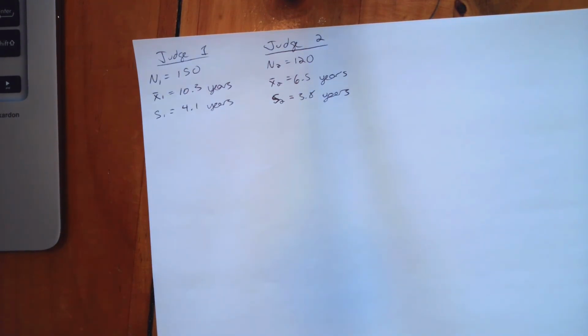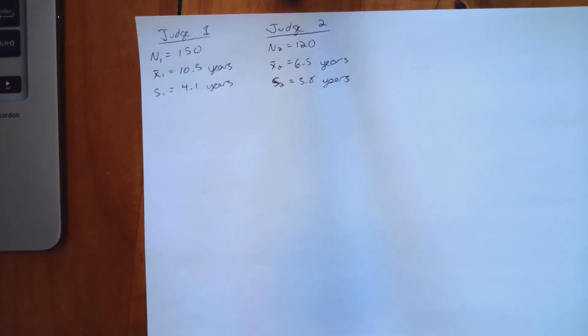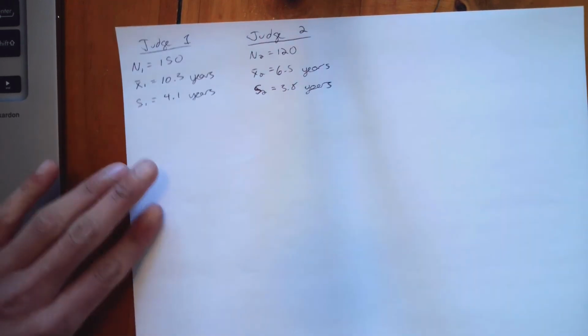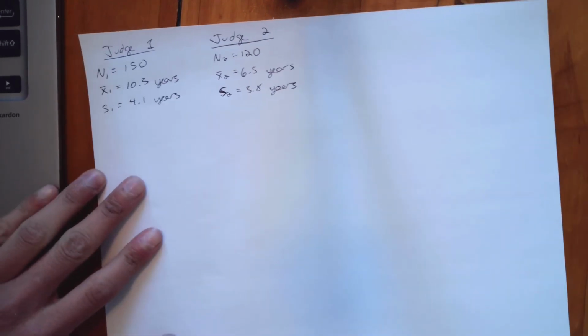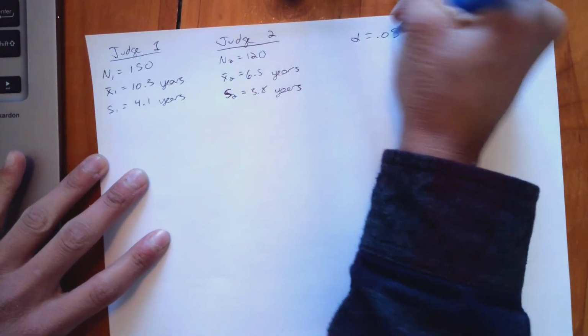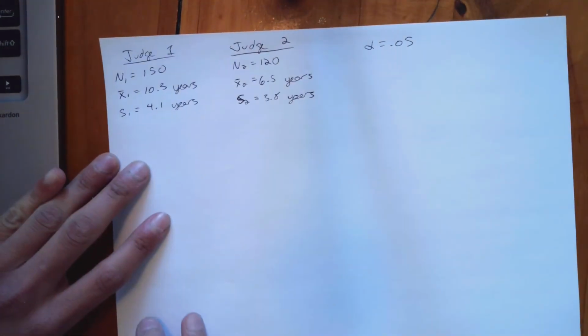So we're looking at these samples to get at their underlying punitiveness towards offenders. We're going to stick with our alpha level of 0.05 as the standard one.